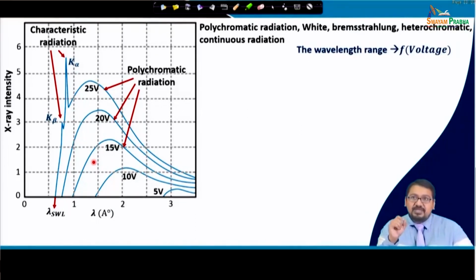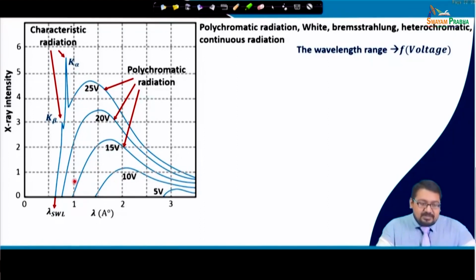Lambda is inversely proportional to the energy of the applied radiation. Because the frequency is increasing, and frequency and lambda are inversely proportional, the lambda decreases. That means high energetic X-ray beams are produced with the increase in the voltage of the X-ray tube.